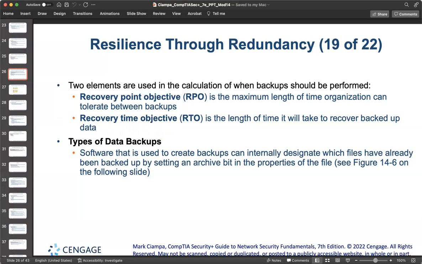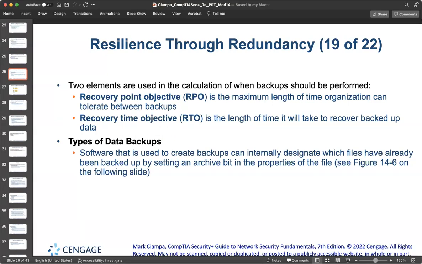The changes that the system has between backup A and backup B are going to be lost in case of a disaster, because you can only go back to the point that you took backup A. So you're only as good as backup A. RPO is going to give you an idea of how often you need to have a backup.